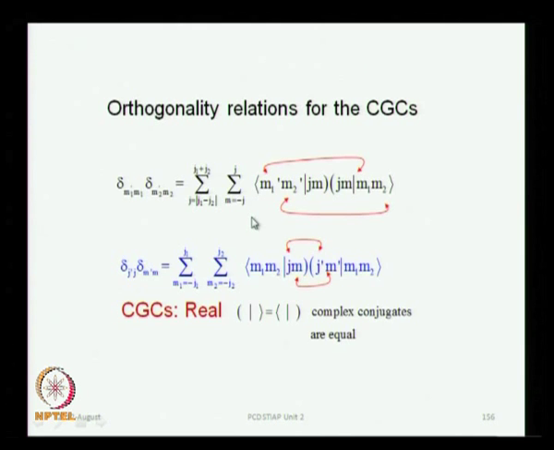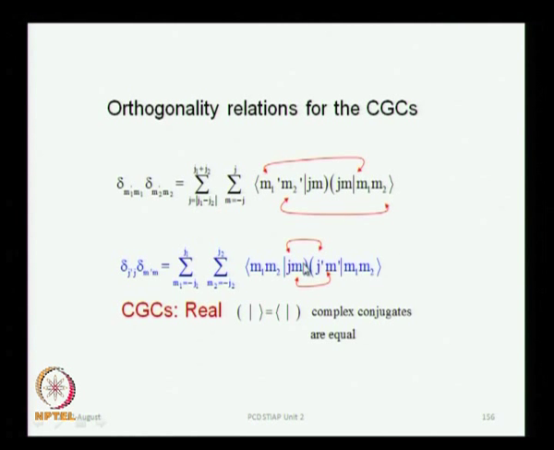So, you have similar relations, you have to keep track of what the orthogonality is in between. In this expression, this is the other orthogonality relation that you get. This is the orthogonality between J prime and J and M prime and M, and you can get it similarly by sandwiching a unit operator.